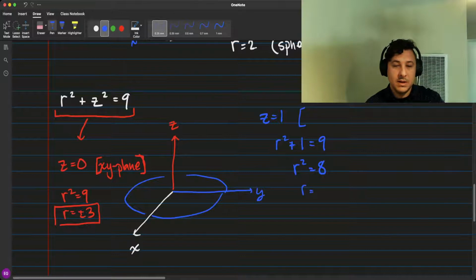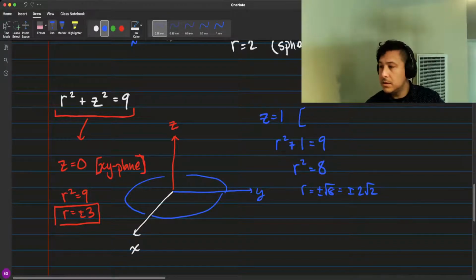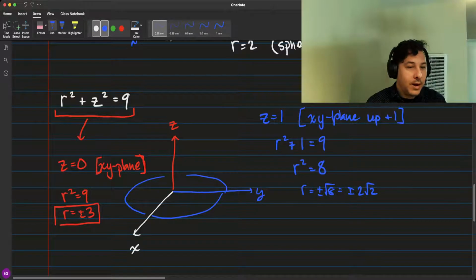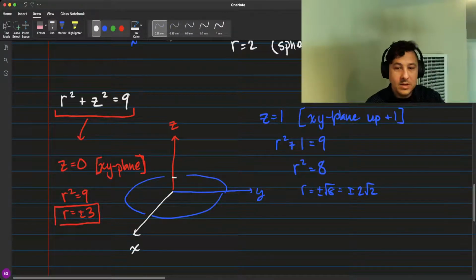Which is the same as r equals plus or minus root 8, which is plus or minus 2 root 2. Right, so it's the xy plane moved up by 1. So you move up 1 to right here, and then you move out 2 root 2.